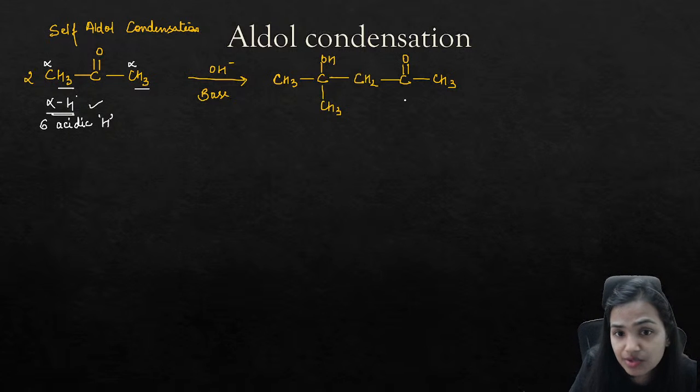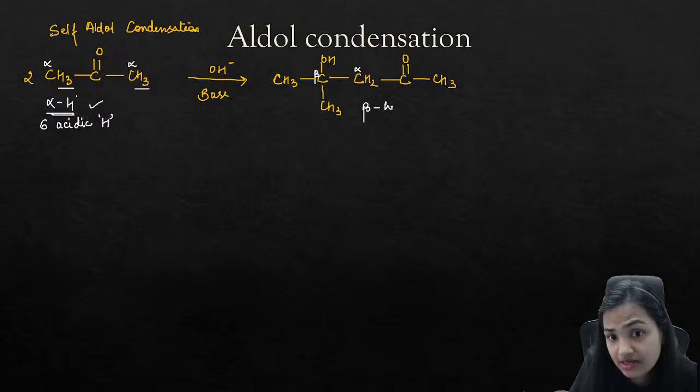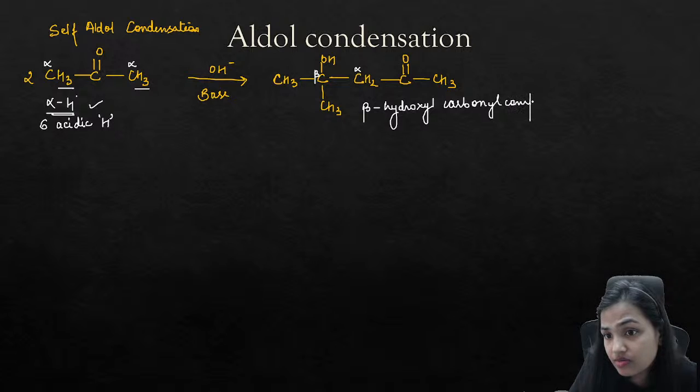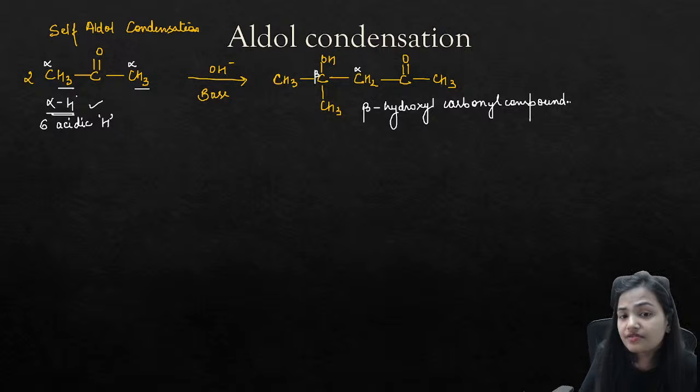If you see the product here, you can say that this is the carbonyl group, this is alpha, this is beta. So you can say that this is a beta hydroxyl carbonyl compound. Here we have the aldehydic or ketonic group and the hydroxyl group.